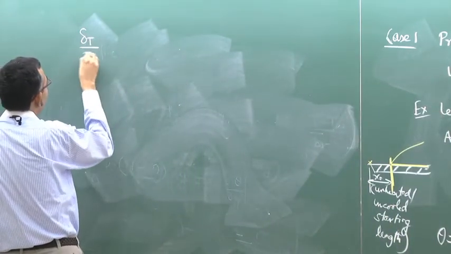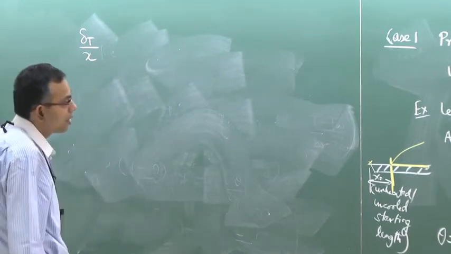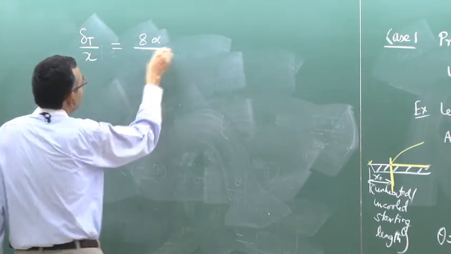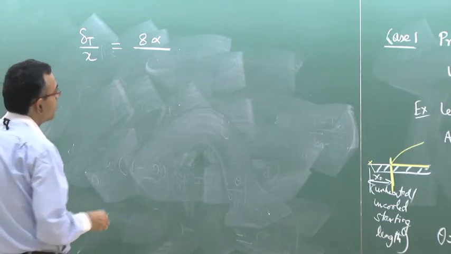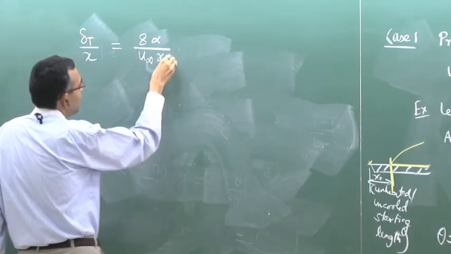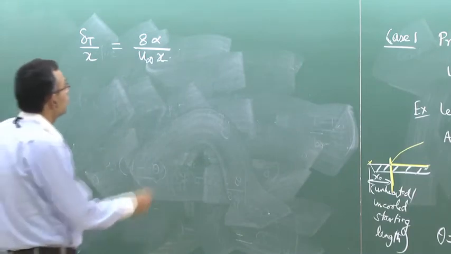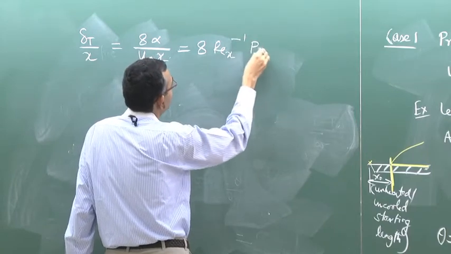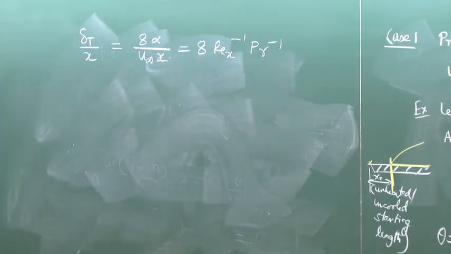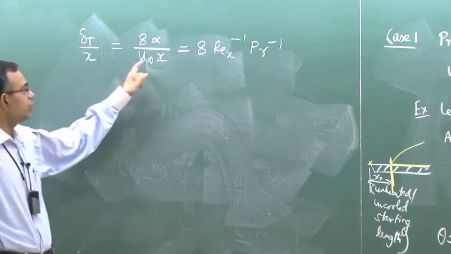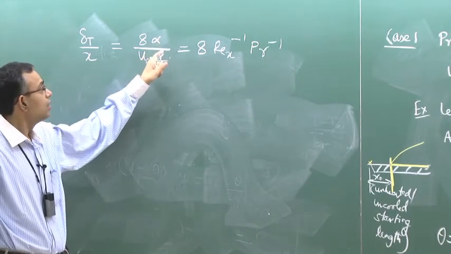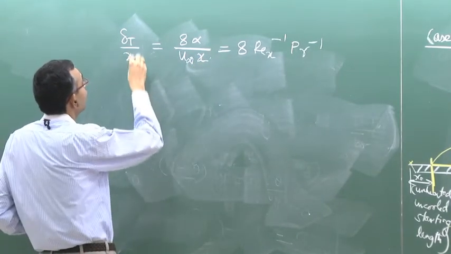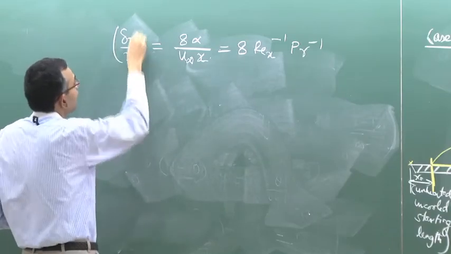So delta T by x is equal to 8 alpha by u infinity x, right. So this is 8 into Reynolds number to the power minus 1 into Prandtl number to the power minus 1, right, because this is u infinity x by nu into this square, right.